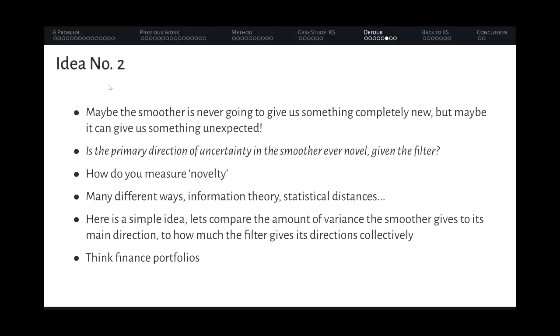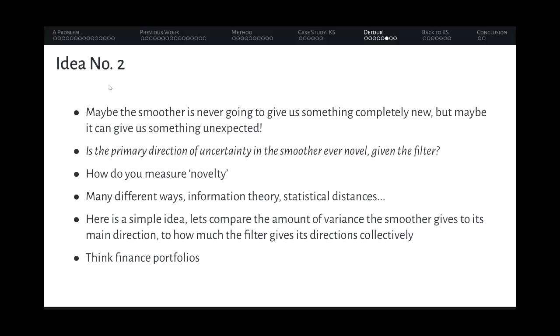How do you measure novelty? There are many different ways. It's more of an information theoretic question. You look at surprise and things like entropy, statistical distances, things like KL divergence. Here's a simple idea: compare the amount of variance the smoother gives to its main direction to how much the filter gives its directions.